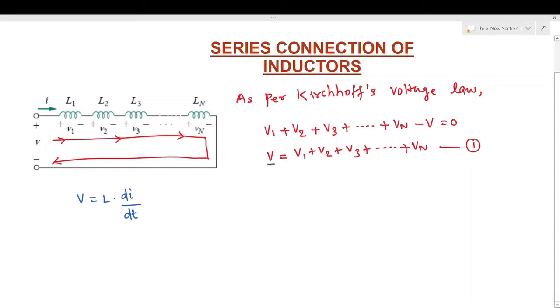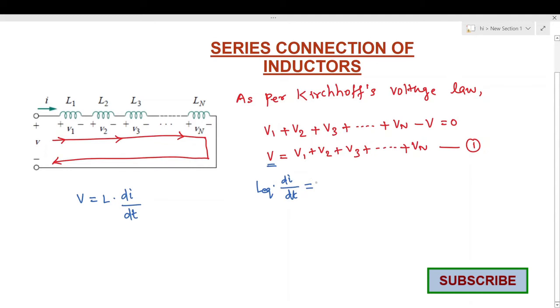V is the circuit source voltage, so for that I need the equivalent inductance. So I will write the equivalent inductance L equivalent into di by dt, since the current in the series circuit is the same, which is equal to the voltage drop across L1, V1.